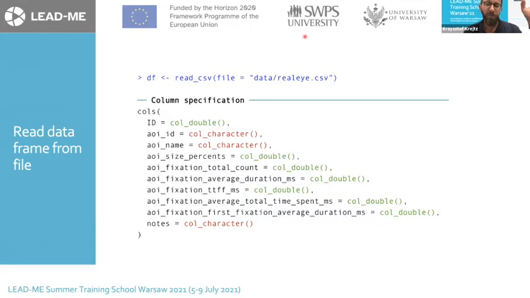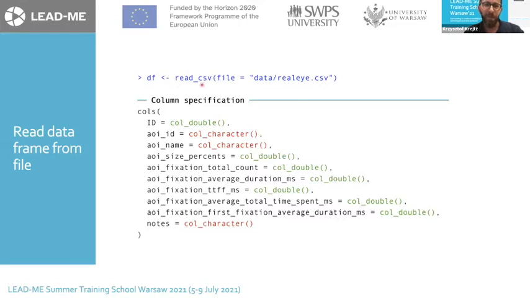Or I can use a shortcut. On Mac, it's command enter or command return, whatever you like to call it. On Windows, it's control enter. And then this particular line goes to the console, and it is executed.